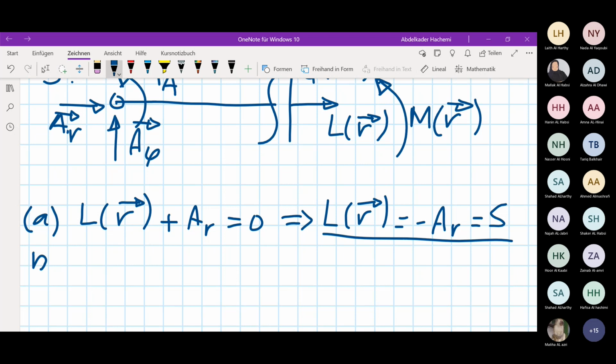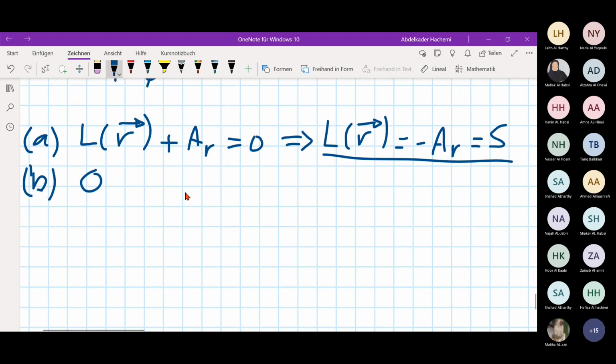The second one in the vertical direction or phi direction, we have the tangential internal force QR plus A phi will be equal to 0.